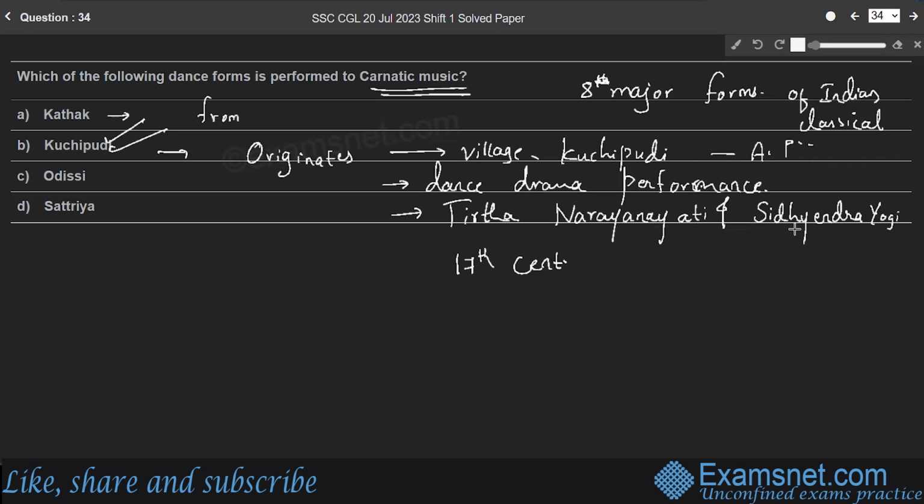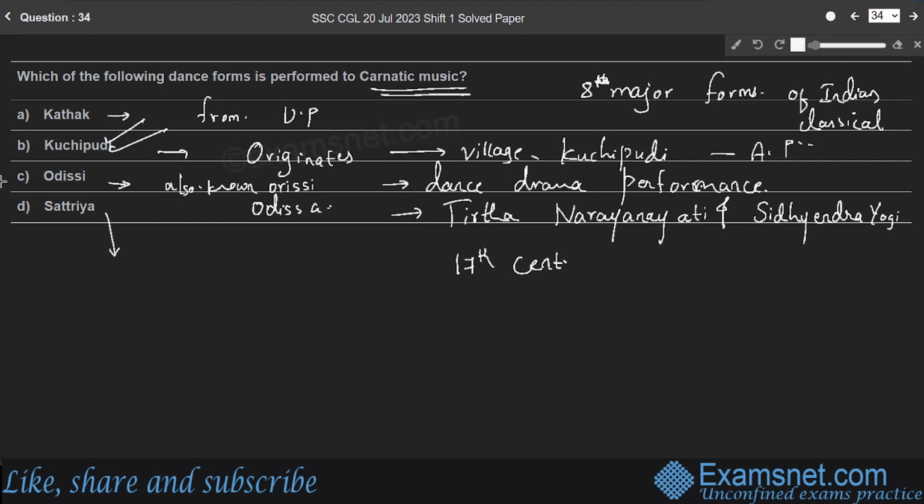Odissi, also referred to as Orissi in old literature, is a major ancient Indian classical dance that originated in the temples of Odisha, an eastern coastal state of India.